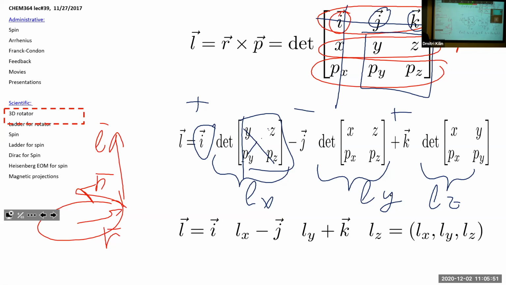This is just a little thing of what one would do if there are three-dimensional rotators. Then the angular momentum is a cross product, written as a determinant of position, momentum, and basis vectors. And then there will be three components of angular momentum.